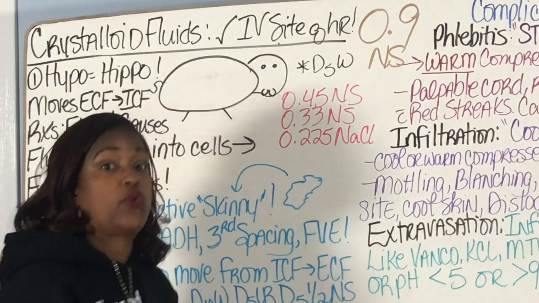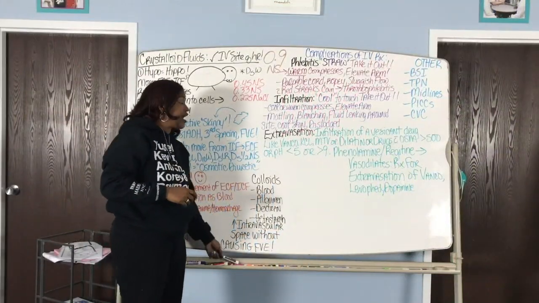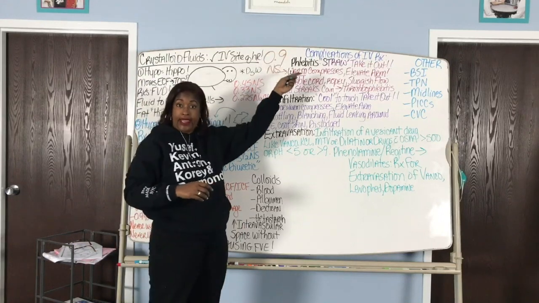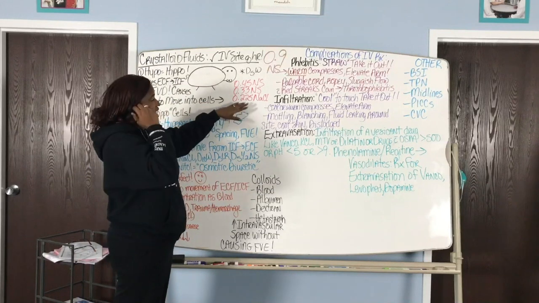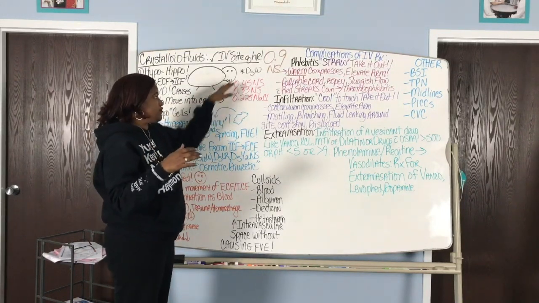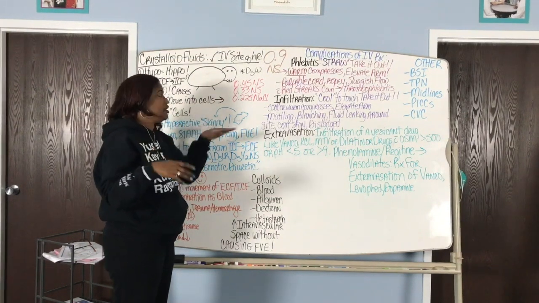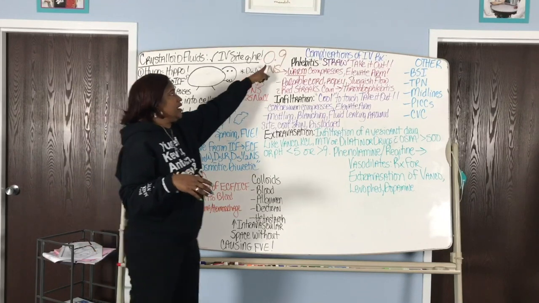I think everybody agrees. Well, this is hypotonic, so it's going to take that 0.9 and go down. And here are some examples. I wrote it in a weird way so you could flow with it: 22, 33, 44, but really 45. So here we go. 0.225 sodium chloride, less than 0.9.